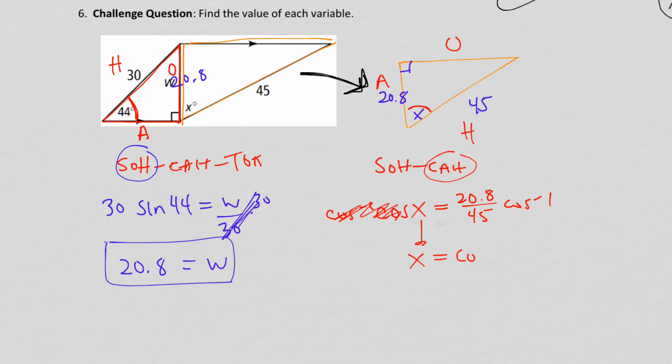Guys, on a calculator, if I type in inverse cosine of 20.8 over 45. Sorry, that's meant to be a 20.8. I wrote that kind of sloppy. On a calculator, I can find that the angle is approximately 62 degrees. So guys, a lot of this work here is going to be heavy and dependent on using a calculator to compute your final answers.